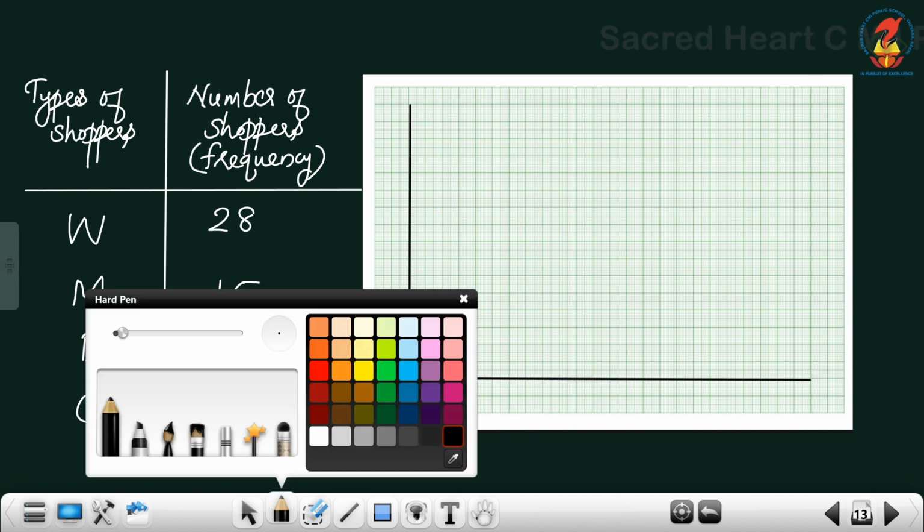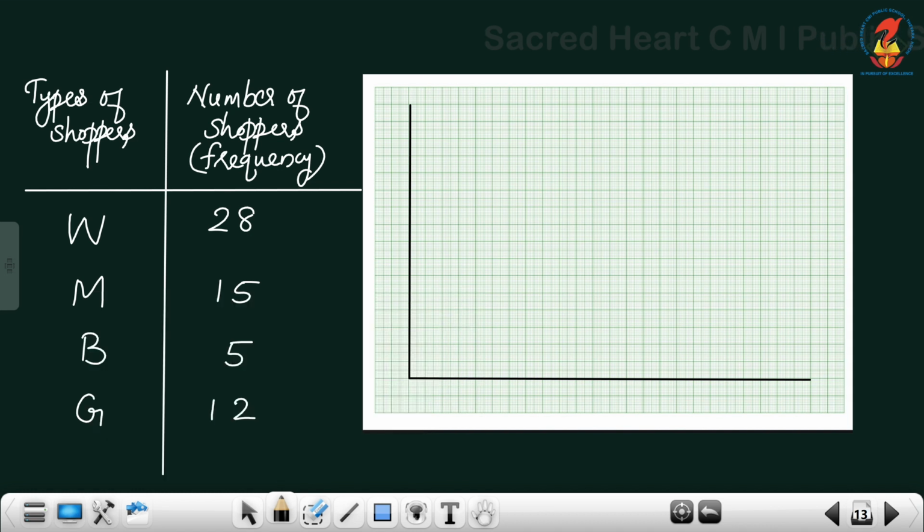X, then we have y. Then we have to draw the bars on the x-axis and mark the frequencies on the y-axis. Then before that we have to write down the scale also.